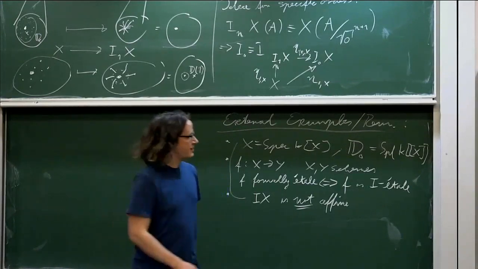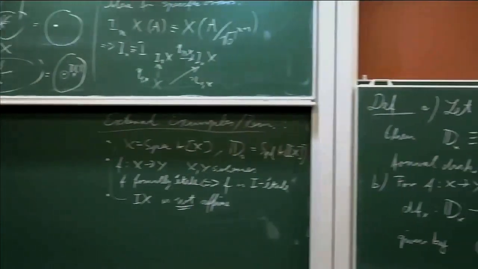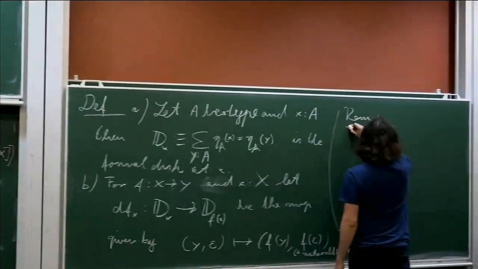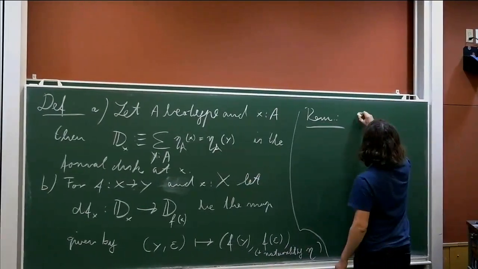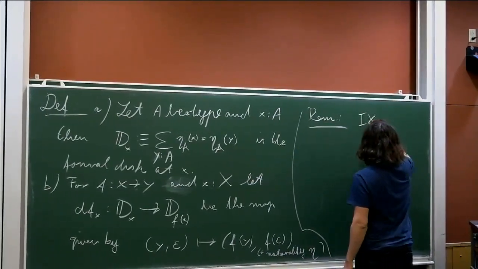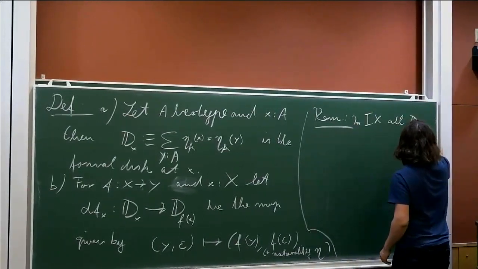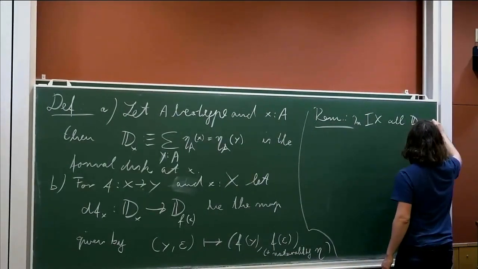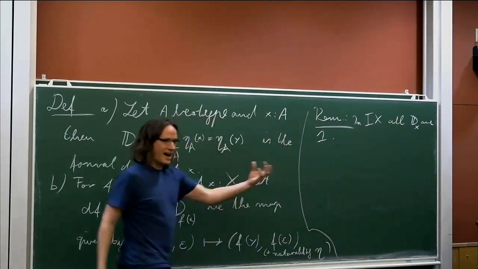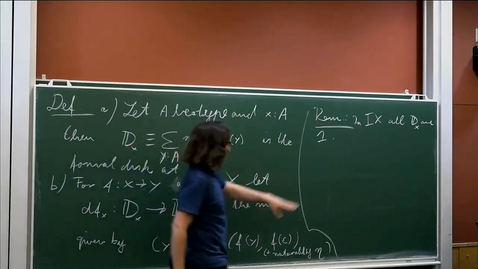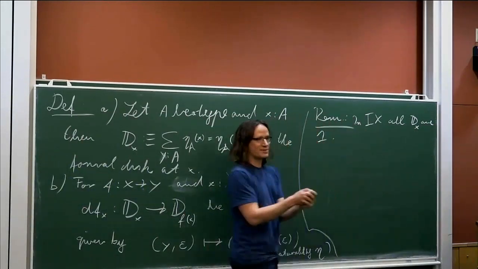Yeah, some small remark, which is trivial, but maybe a bit enlightening to this situation. So if I take I of X for any space, then all these formal neighborhoods are trivial.